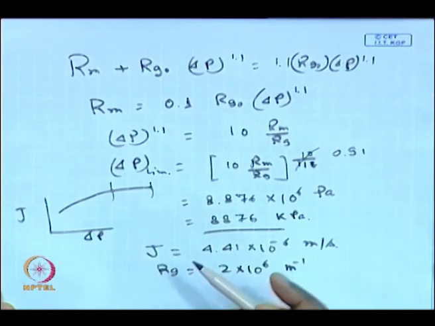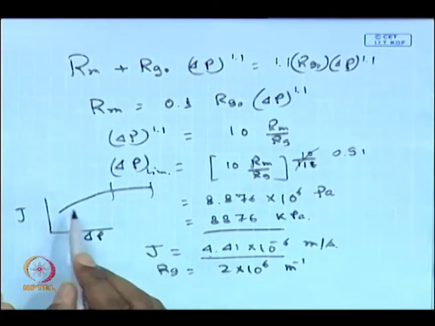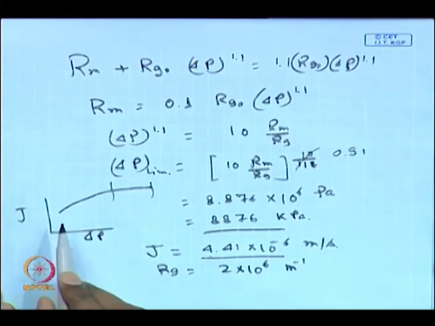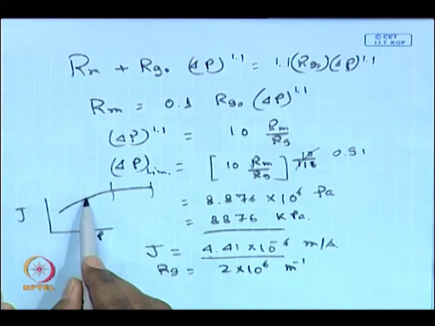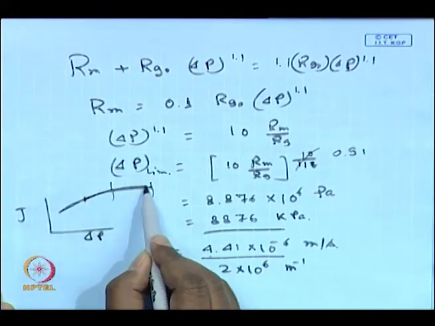We do this calculation because, beyond this particular pressure, the permeate flux becomes constant. So, we plot J versus delta p, conduct the experiments at lower pressure, and see that this plot becomes a very weak function of delta p.